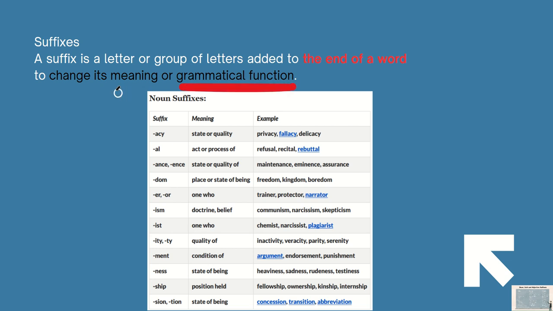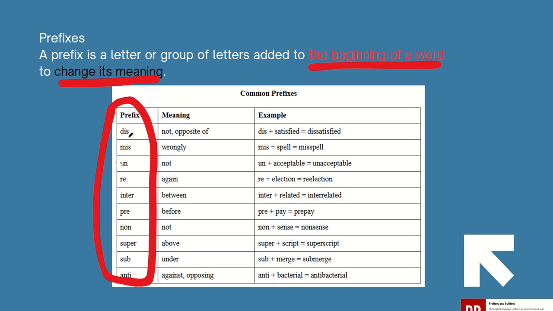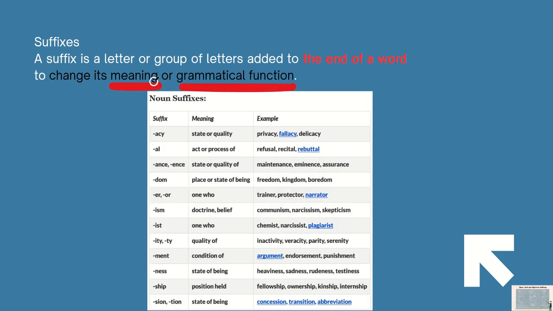So back to the prefix: a prefix changes only meaning, but with a suffix the meaning can be changed, though not usually 100%, and the grammatical function changes, like AL, FUL, from noun to adjective. And let's take a look at the meaning of suffixes.